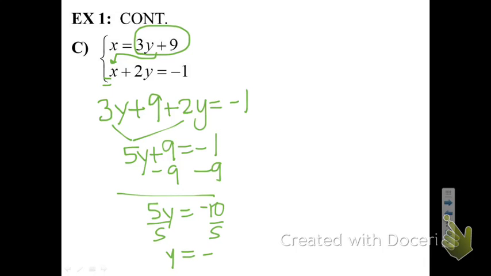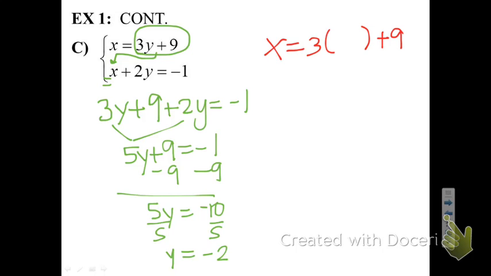And y equals -2. Okay, at this point you're going to take that value that you just found and substitute it into either equation and solve for that remaining variable. So I'm going to take the top one because it looks easier to use. And we get x equals 3 times the y we just found.